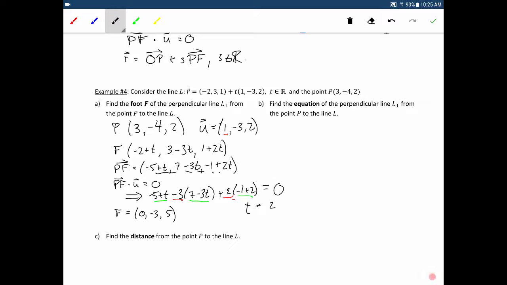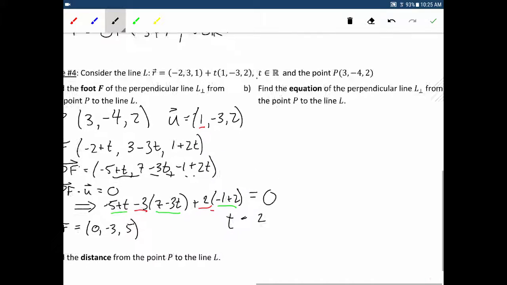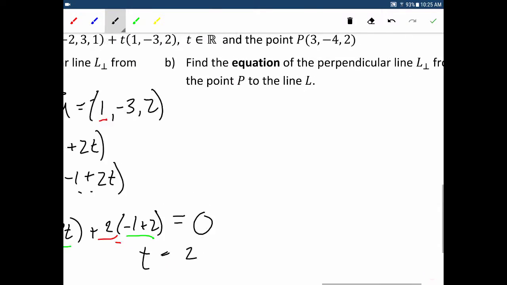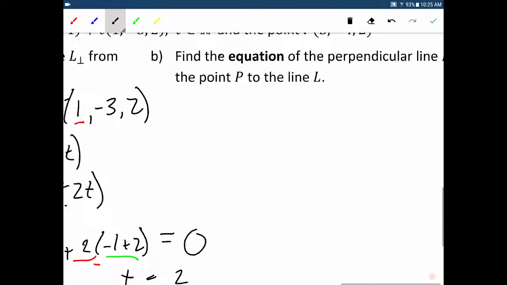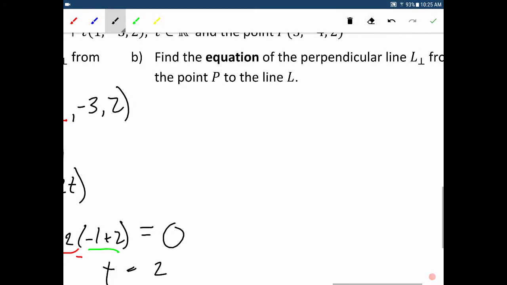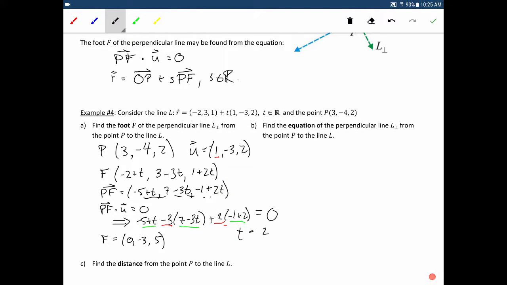So let's see. Find the equation of the perpendicular line from point P to the line L. If we're finding the equation, first of all, I can use my point. I just found F, so I can use F as my point, or you can use P alternatively.